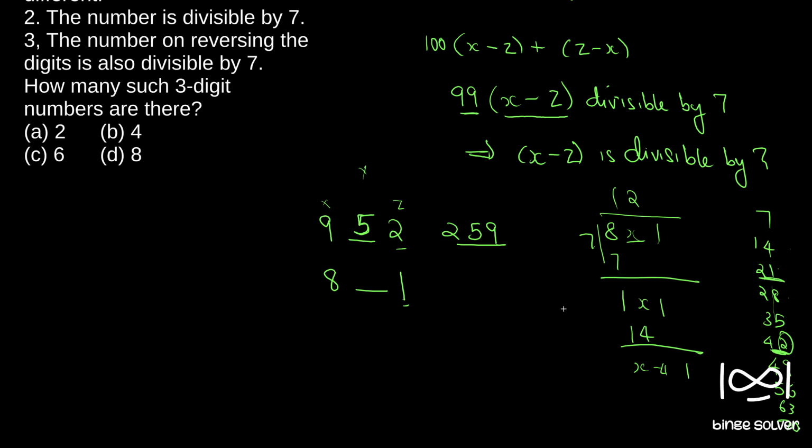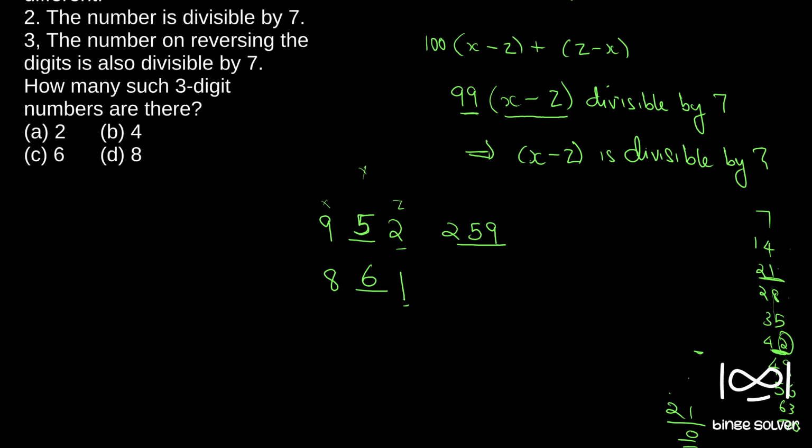So x minus 4 has to be 2, or x is equal to 6. So 861. If you put 861, you can see this becomes 16 and this becomes 21. So it becomes divisible by 7. Similarly, you can find that number.